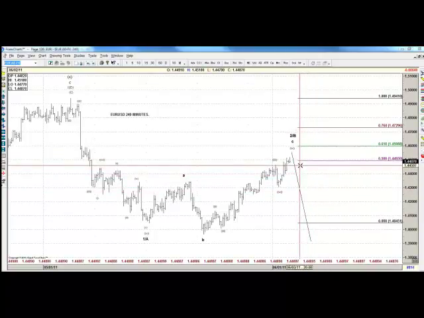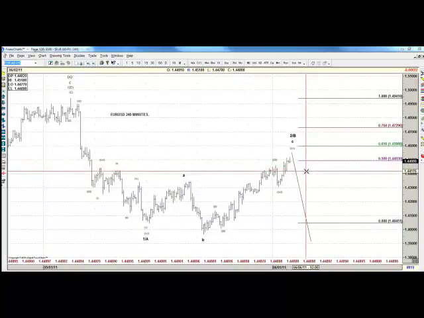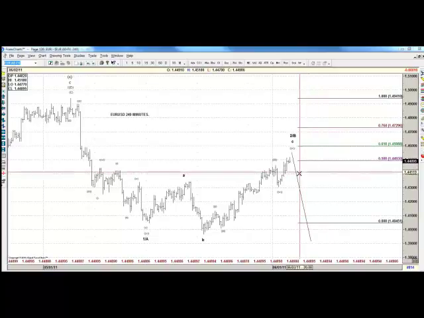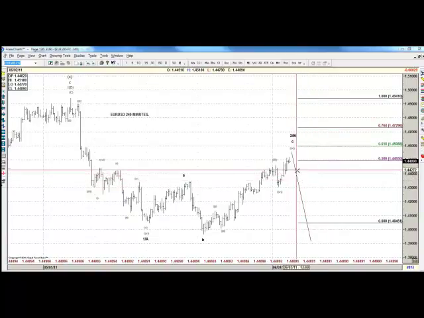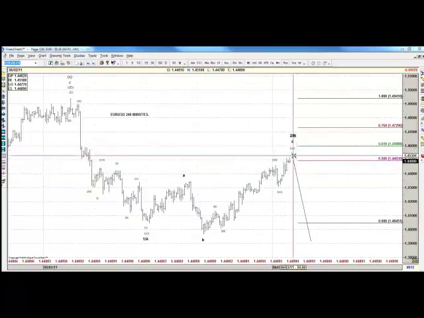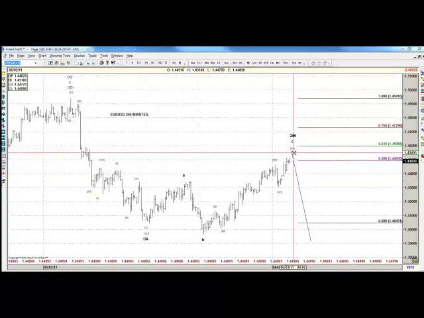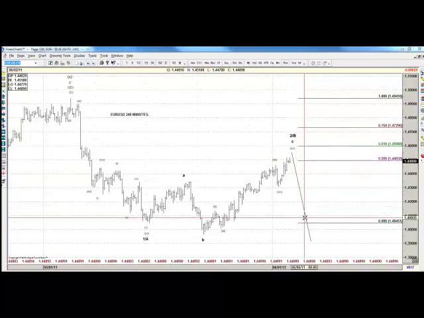So we're expecting dollar strength tomorrow after the non-farm payroll. That does not mean, guys, that it has to be from the level that we are right now. The euro still can get some more to the upside, and then from there create the top.